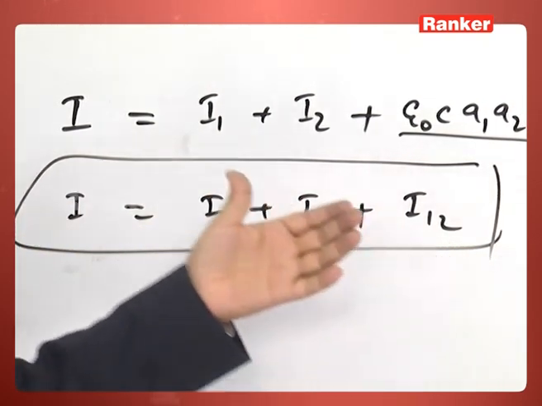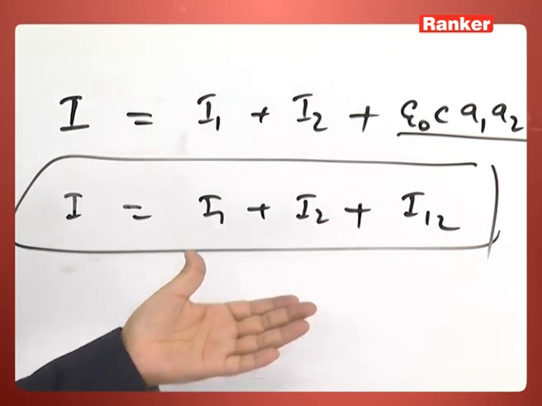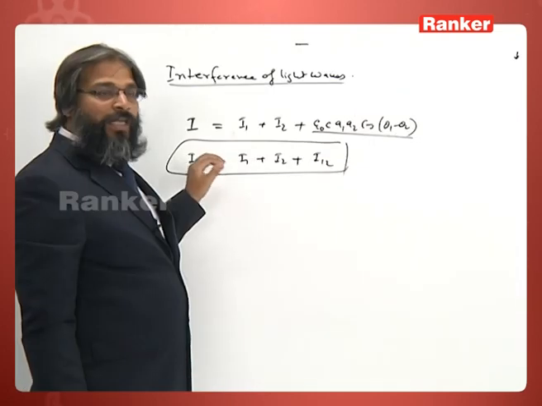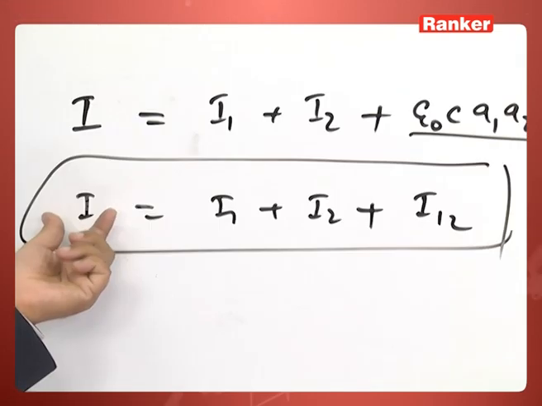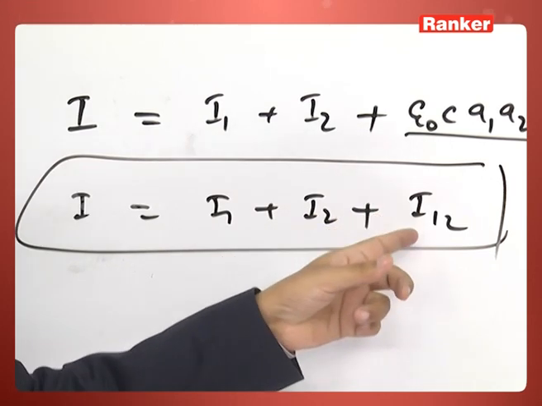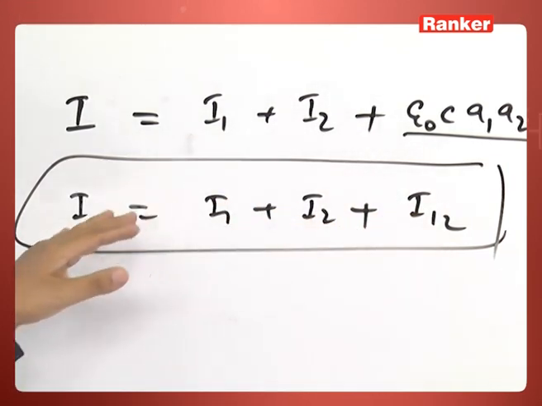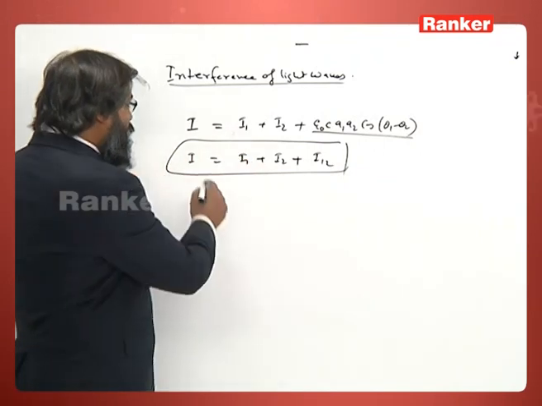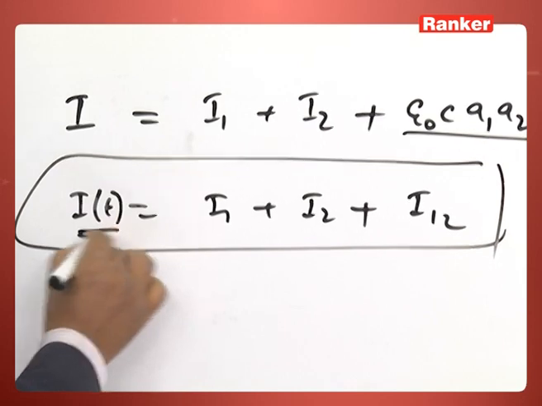We will calculate in another session the average or RMS value, where I is equal to I1 plus I2 plus 2 root I1 I2, with I1 and I2 being the RMS values.